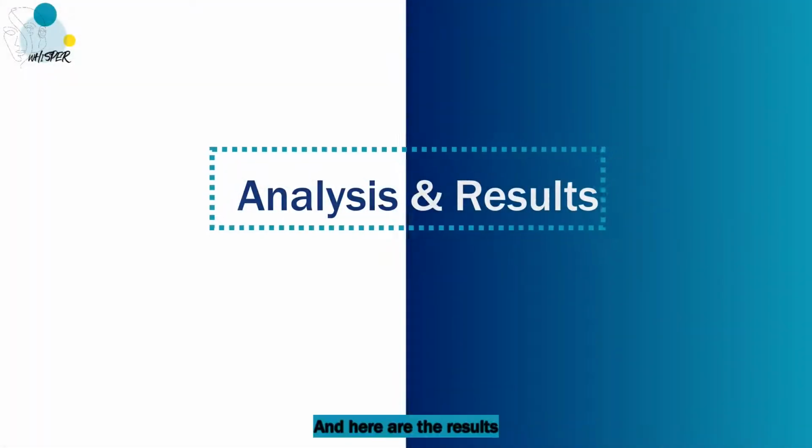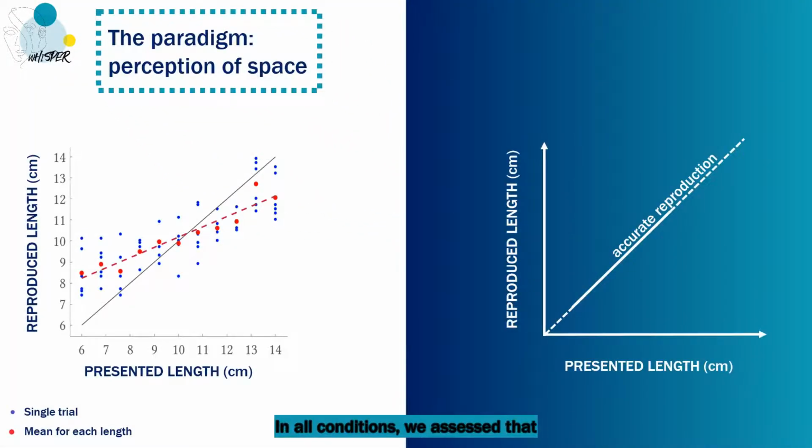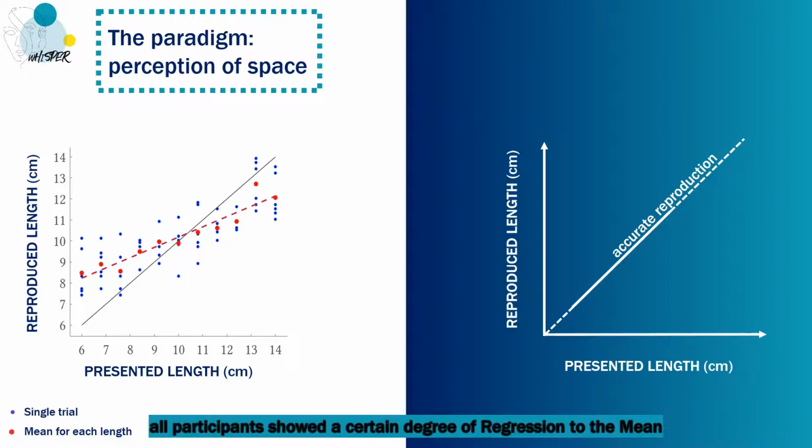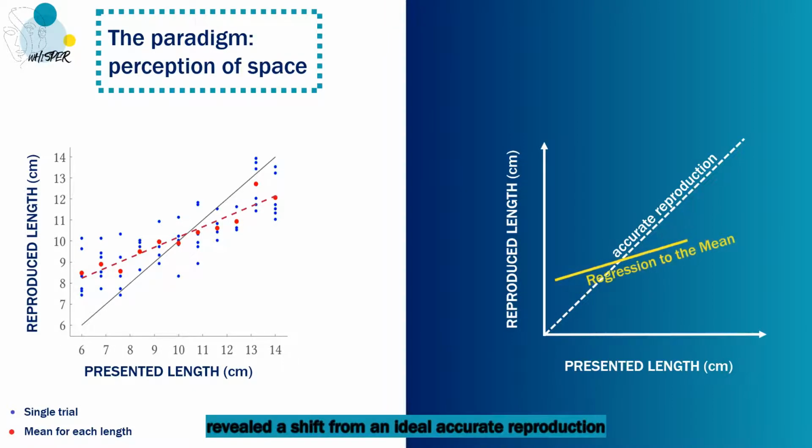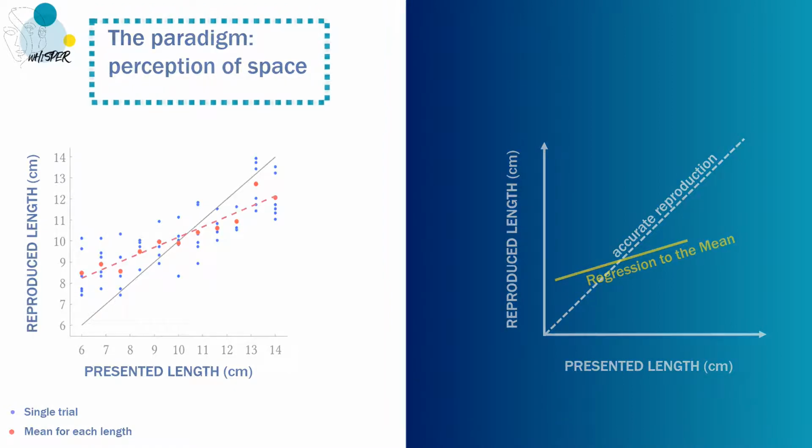And here are the results. In all conditions, we assessed that all participants showed a certain degree of regression to the mean. Indeed, the plot of their responses revealed a shift from an ideal accurate reproduction. This shift is the regression index, which indicates how much we rely on our previous experience during perception.